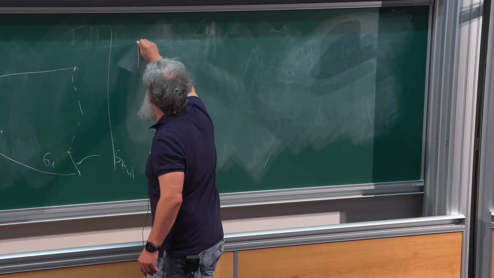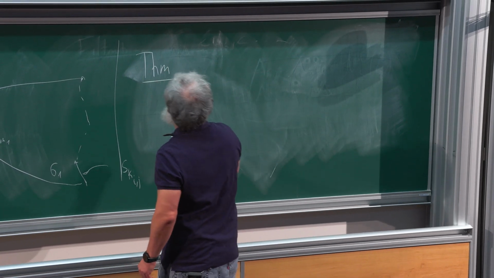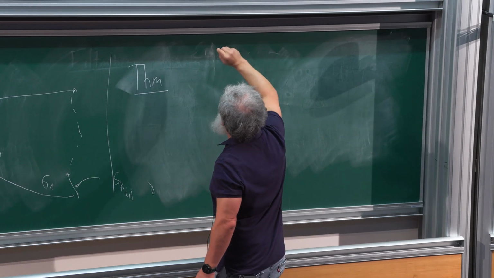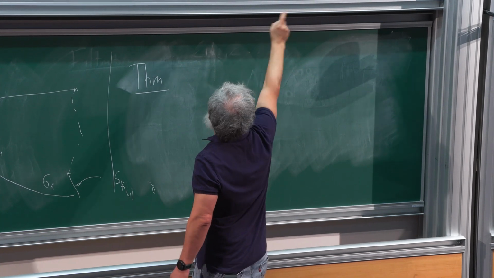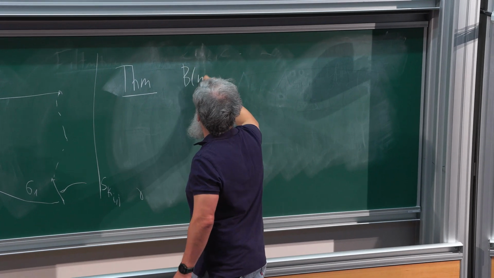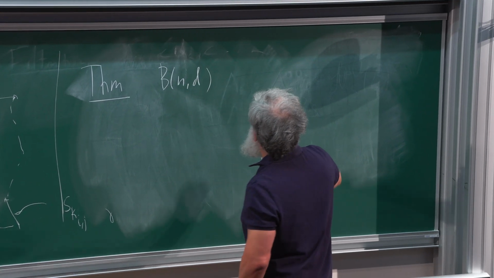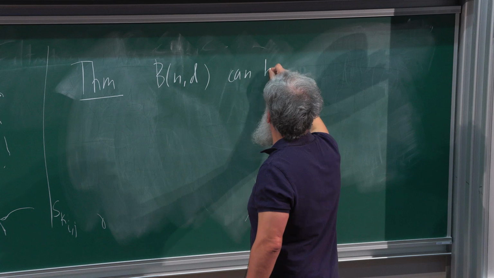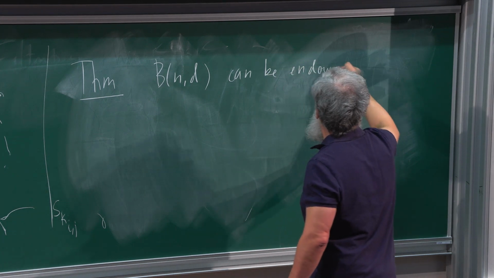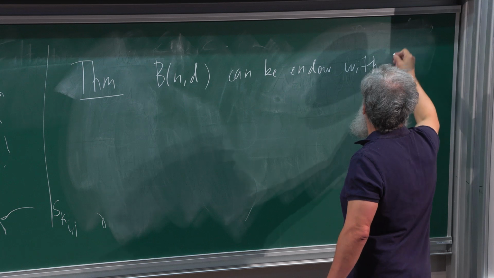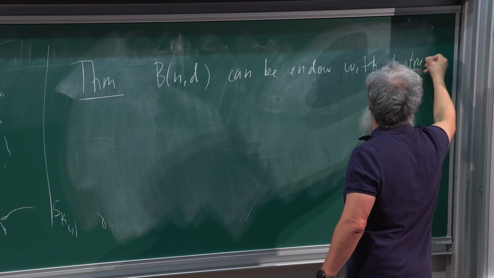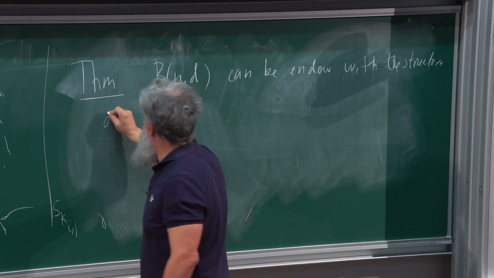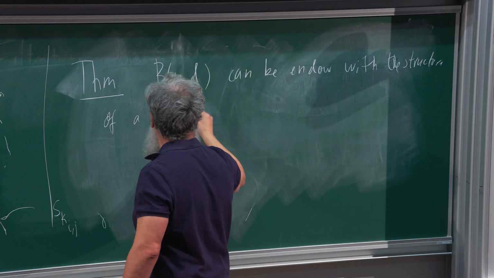Now, theorem. The set of B and D can be endowed with this structure of a d-operad.